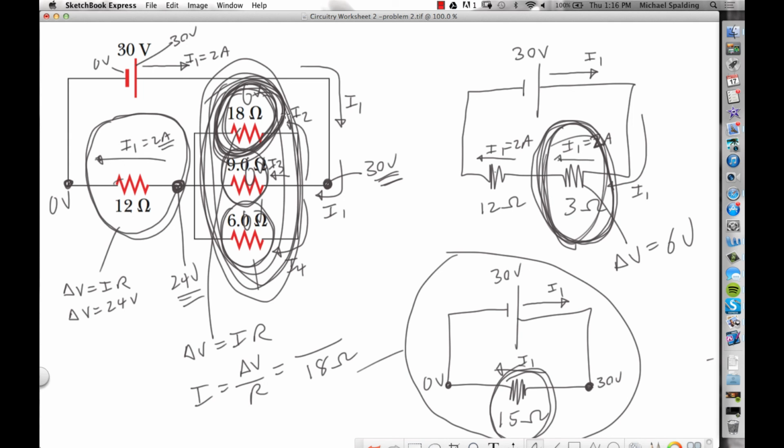What's the delta V across that resistor? 6, because you go from 30 over to 24, and the change is 6. So this is going to be 0.3 repeating. The current through the 18 ohm is 0.3 repeating.